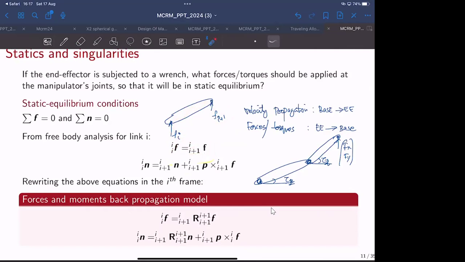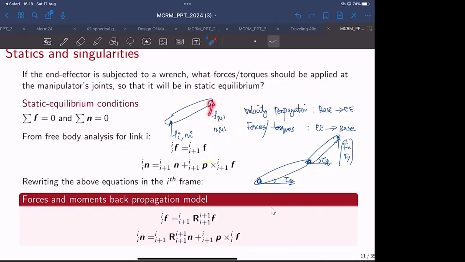And similarly, if you are doing the moment equilibrium equation, you have to take the moment with respect to this point. So the moment with respect to that point would be like if there is an n(i+1) moment exerted by the payload, and at this end it will be ni. So if you take the moment equilibrium about this point, the net moment at this point would be the moment at the distal end plus the moment contributed by this force.